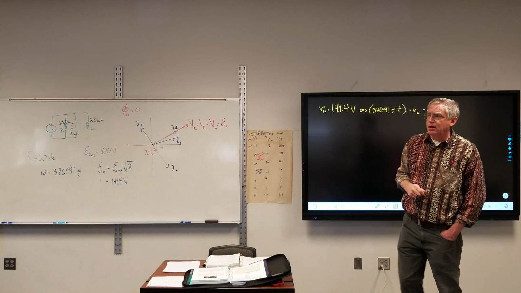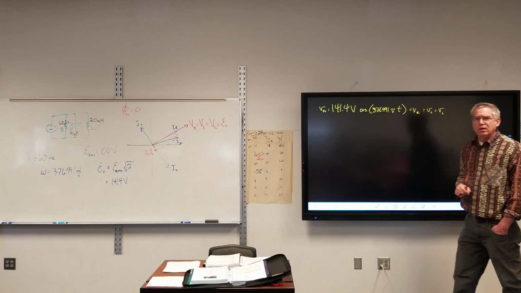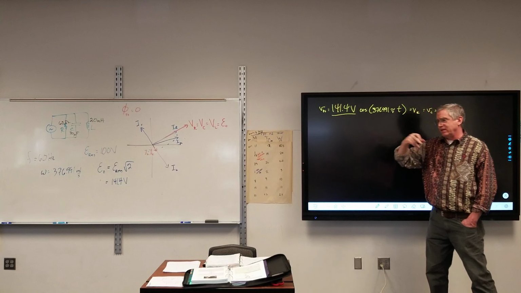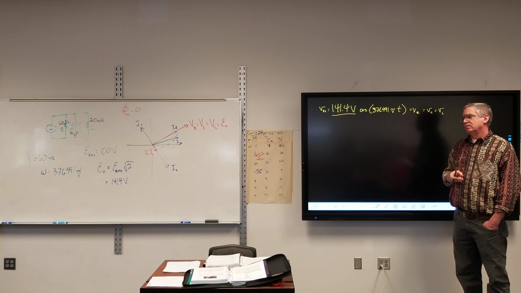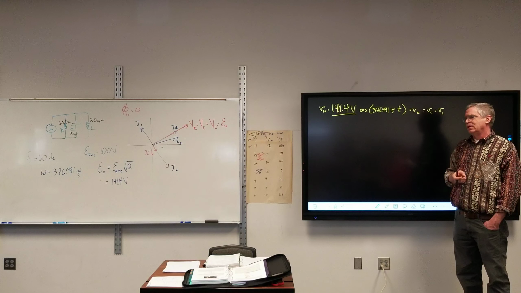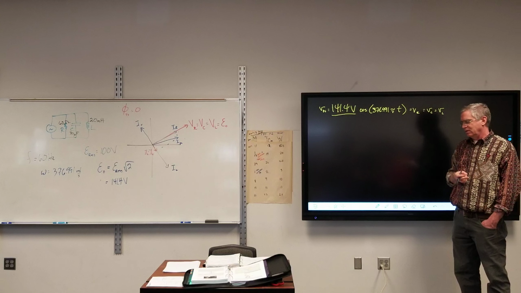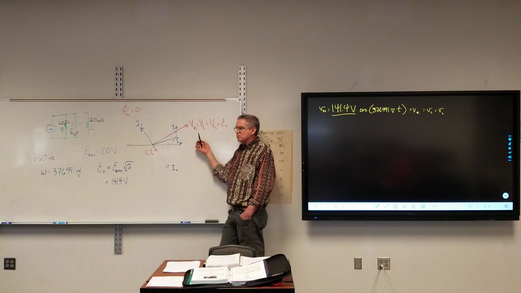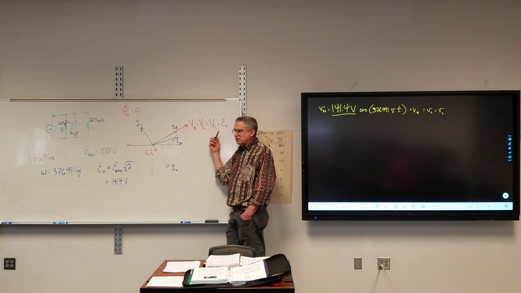Wait, now I'm confused. When we're saying the voltage of the power supply, that's the same thing as saying epsilon sub naught? Epsilon sub naught is the amplitude. Then how is that equal? What's that epsilon sub naught then? That's the same as that epsilon sub naught.